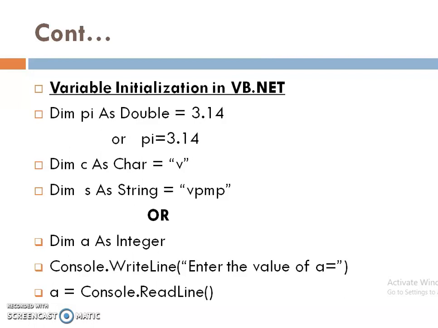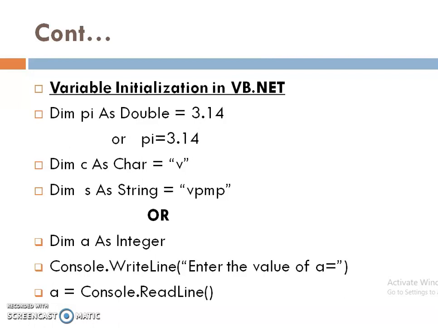First we declare the variable with data type, then using the equal operator, then give the value, like this: Dim pi As Double = 3.14, or we can also write pi = 3.14.